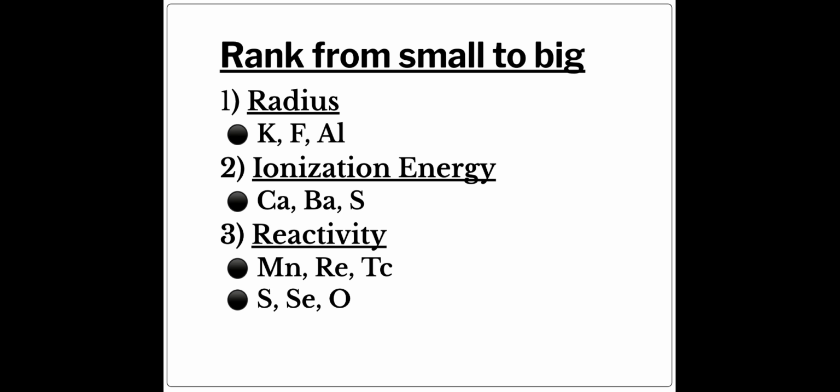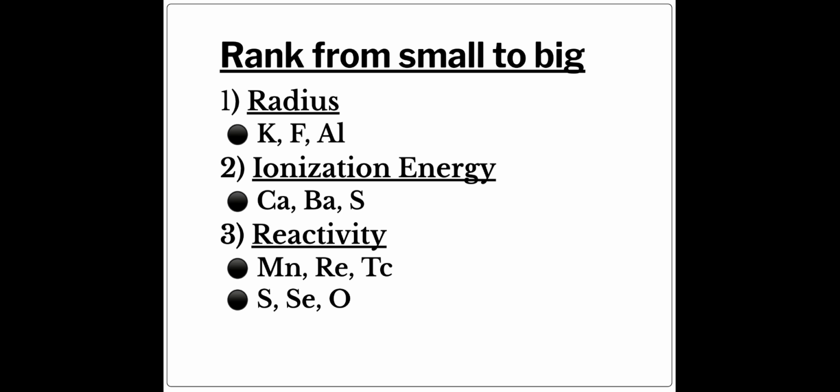Okay, so I want you to pause this video and take some time to rank each of these sets of atoms or elements according to radius. So, number one, order those from small to big in terms of radius.